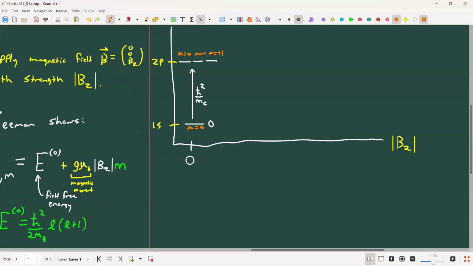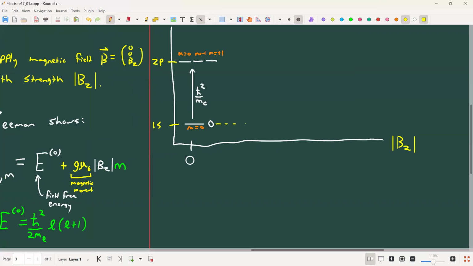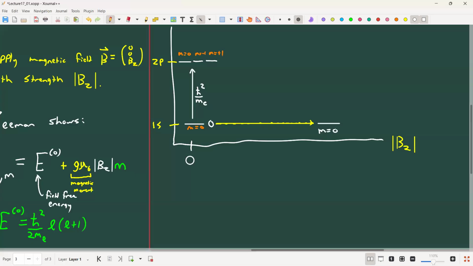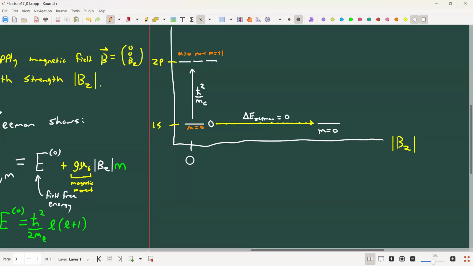In the 1s state, we would expect to see no change, because there's only one state, m equals 0. So the energy change due to Zeeman for this state is equal to 0.